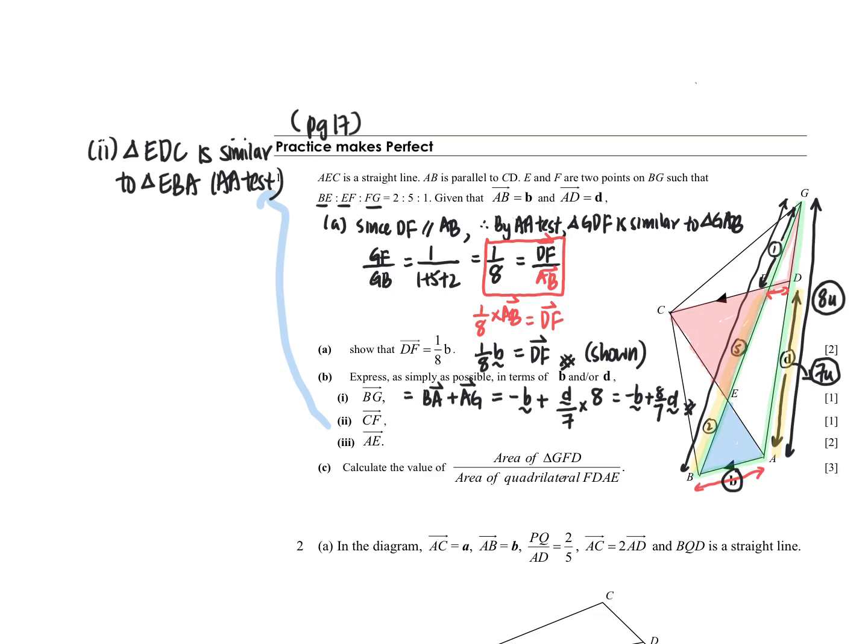So I want to find CF, this one, and I want to link it to the base. I'm going to copy this blue triangle here. Here I just know it's 2 units. This is B, A, and E. Okay, I'm going to copy down my red triangle.